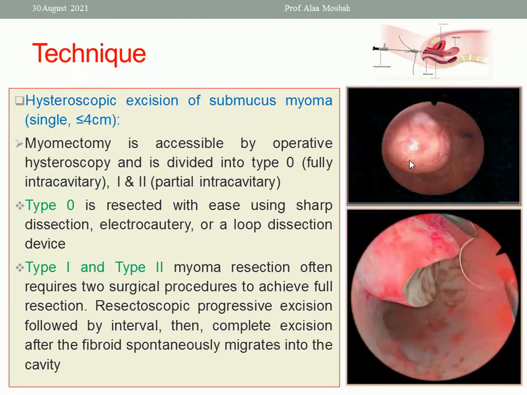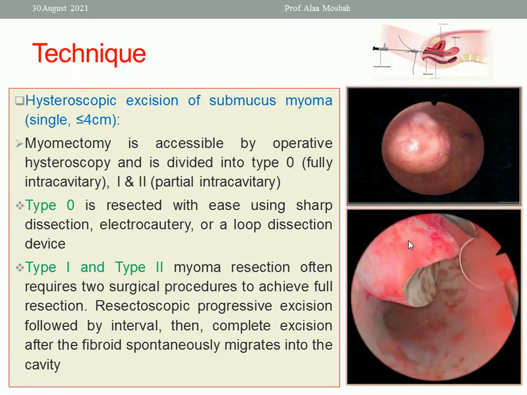Type 1 is a submucous myoma with more than 50% inside the uterine cavity. Type 2 is a submucous myoma with less than 50% inside the uterine cavity. These three types may be indicated for hysteroscopic management.